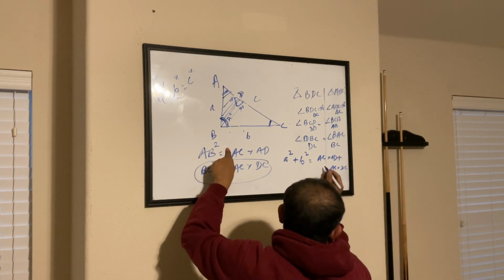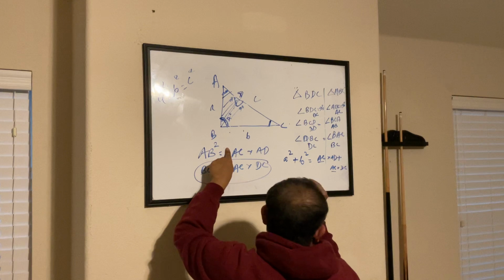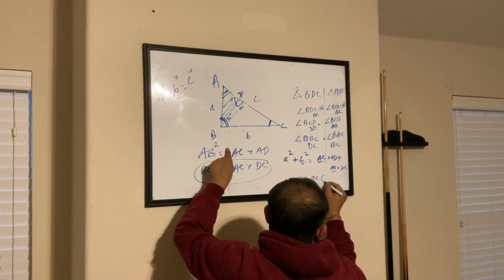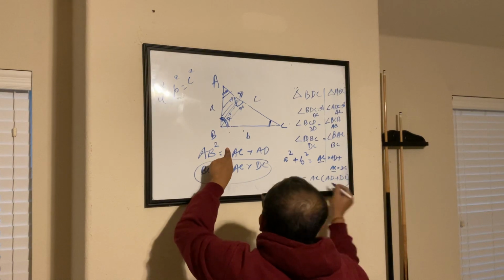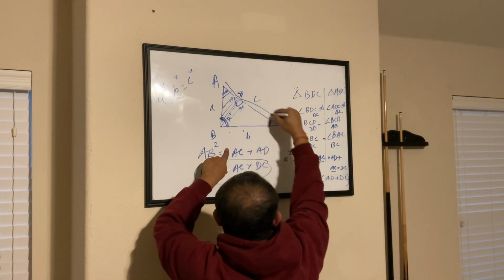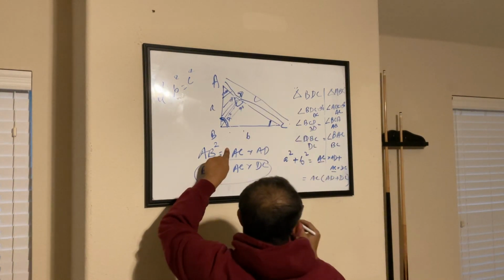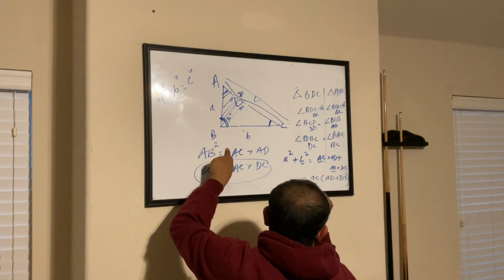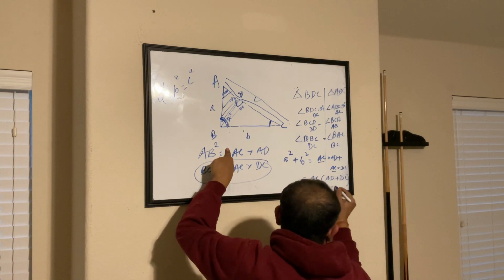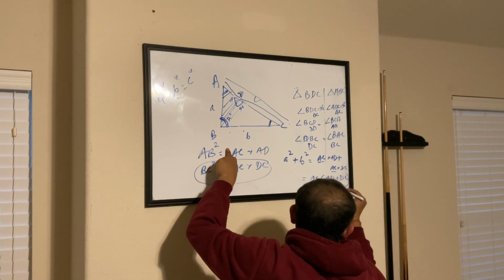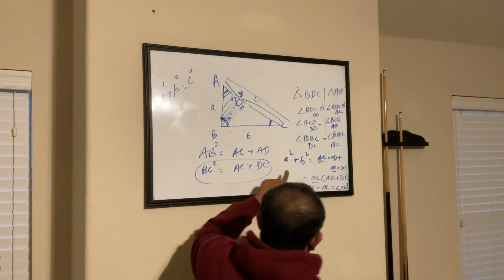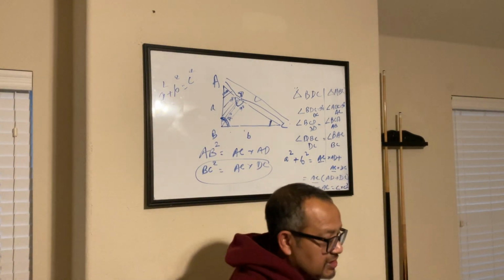So now you see AC is common in both the terms. So you take AC out, you find AD plus DC. Now AD plus DC is nothing but AC here to here. So this becomes AC into AC. Now what is AC? AC is the C. So this becomes C into C, which is C square. So you got A square plus B square equal to C square.